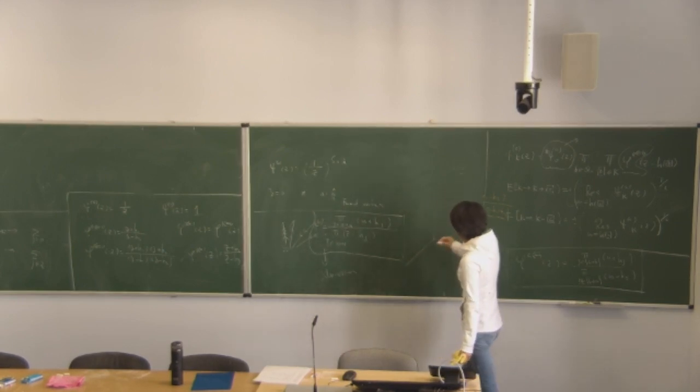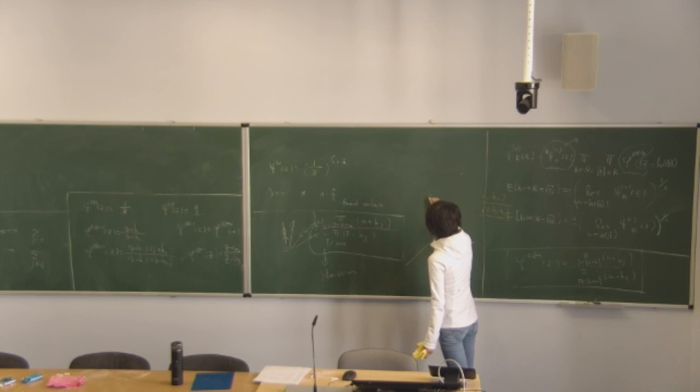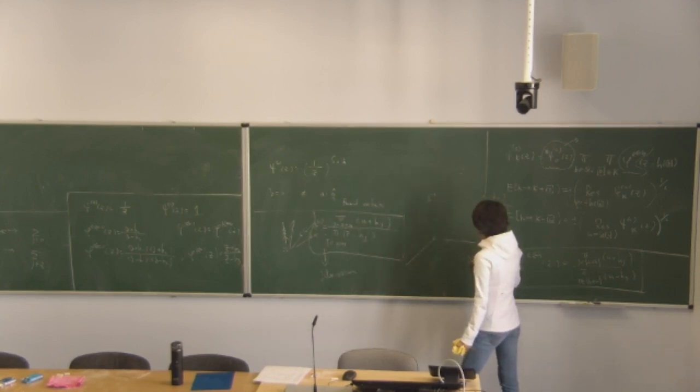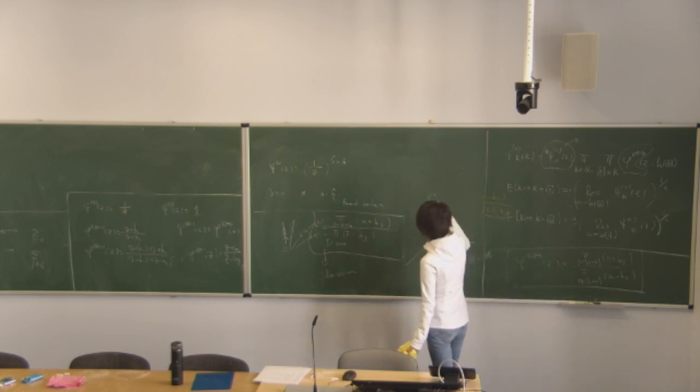So you can have the open BPS counting. For example, for the C3 case, you can introduce the D2 brane wrapping on a disk, and the D4 wrapping on a Lagrangian submanifold of the C3.